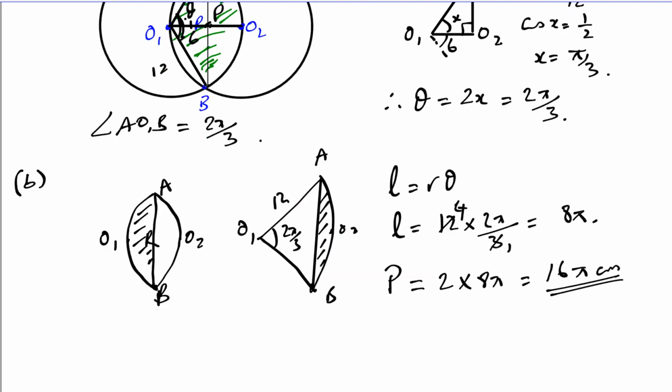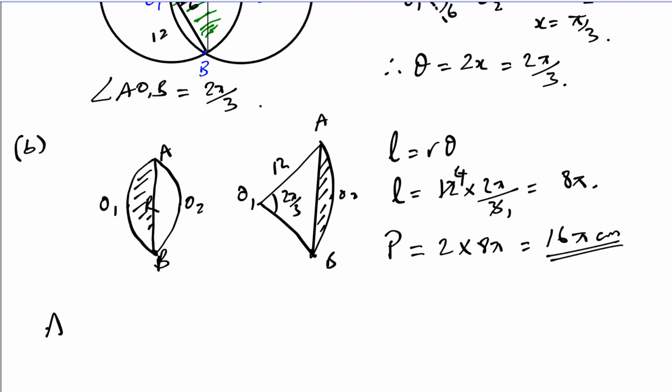Okay, so the area is going to be 2 times a half r squared. There's 2 of these segments, so this is for one of them: a half times r squared times the angle.